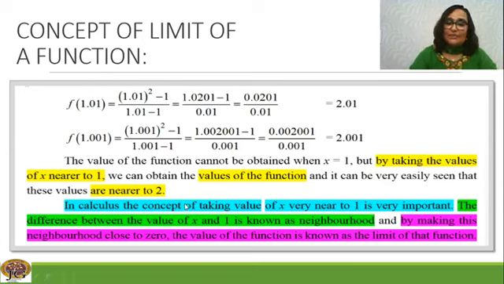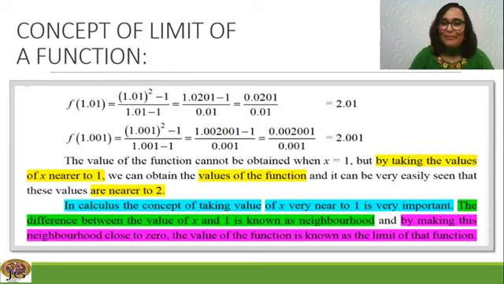In calculus, the concept of taking the value of x very close to 1 in our sum is very important. Now let's read the green. The difference between the value of x that you took, the 1.01, 1.001, and 1 is known as, yes, very good.